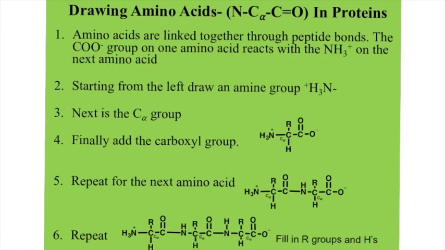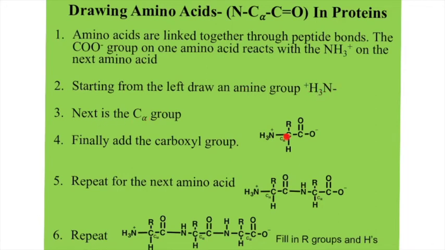Okay, so we learned earlier how to draw an amino acid. So now we're going to learn how to put all those amino acids together in a protein, or peptide. Amino acids are linked together through peptide bonds. The carboxylate group on one amino acid will react with the ammonium end on the next amino acid. You're still going to start at the N terminus. So starting from the left, draw the amine group, NH3.